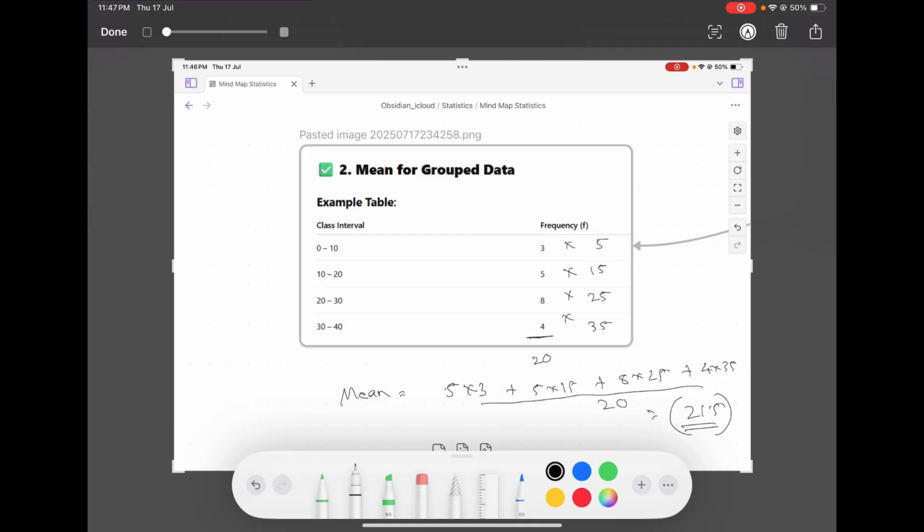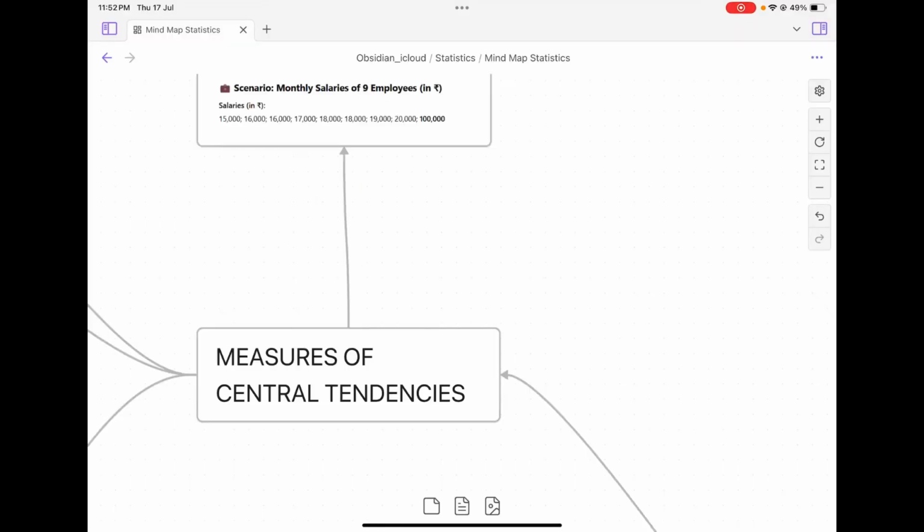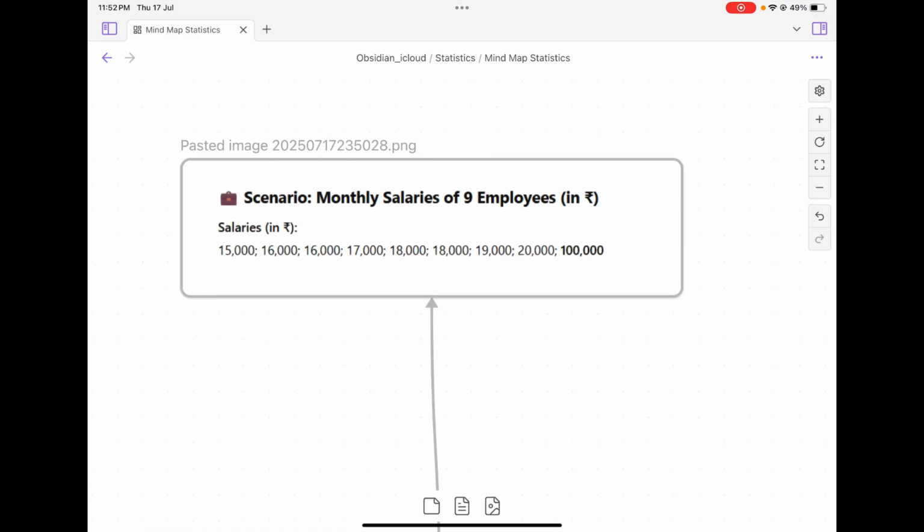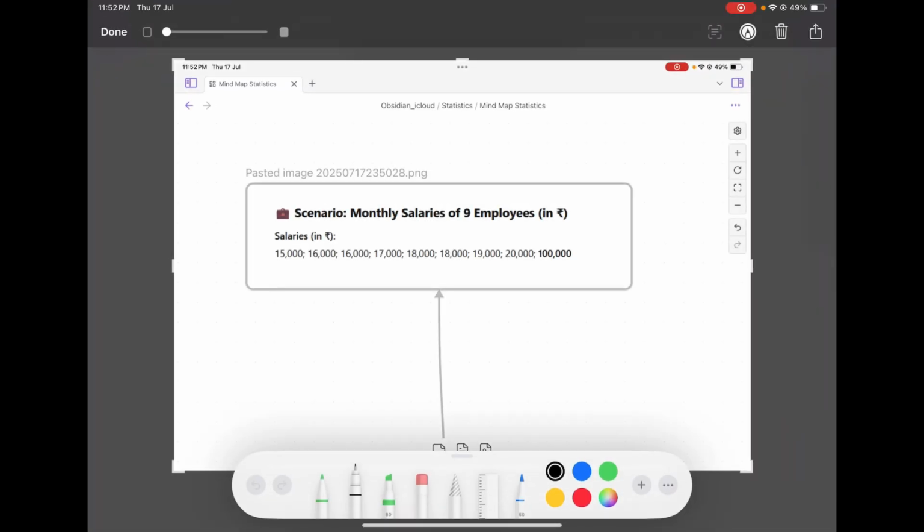Now in the next video, we will look at a practical example, where you can easily understand the difference between mean, median and mode. These are the salaries of 9 employees given in rupees, that is 15,000, 16,000, etc. Let us calculate the mean, median and mode.